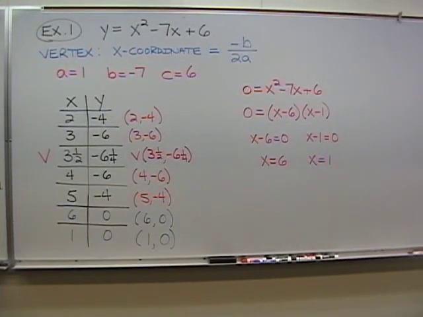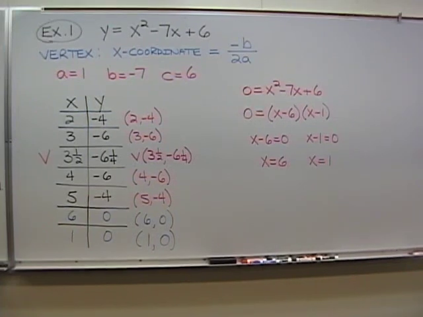Okay, and since we know that these are solutions to our equation, that means they're going to have y coordinates of 0. I don't even have to plug those numbers back into the original problem. I know my y coordinate's going to be 0. So my additional 2 points that I'm going to graph will be 6, 0, and 1, 0. So let's go back to the graph and finish it off.